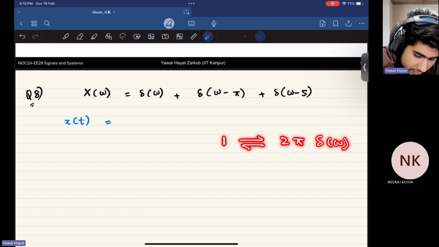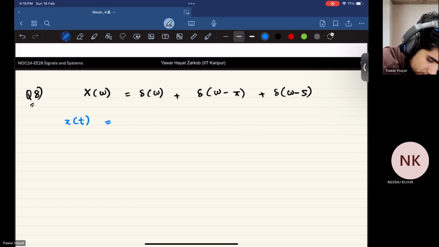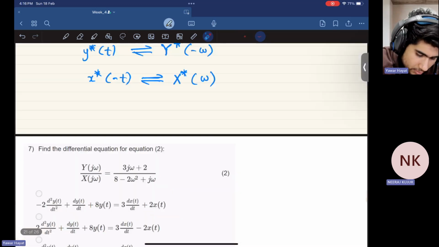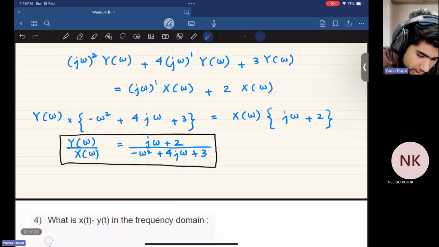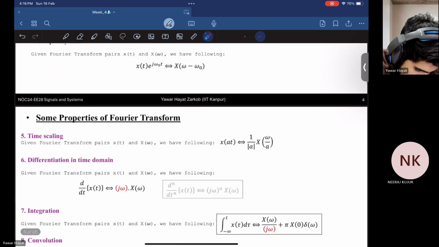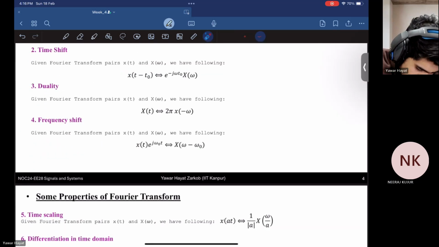So what is the inverse Fourier transform of delta of omega? 1 by 2 pi. Now, this is essentially the same signal, but where frequency is shifted by pi units. Let's see what happens when the signal is shifted in the frequency domain.